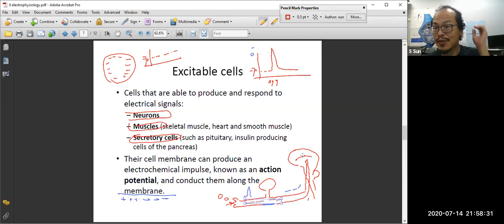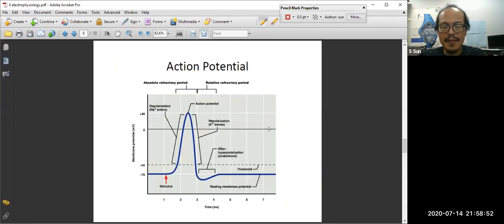So that's very important for our function, so that we can communicate with the outside world. We can receive sensory input. Sensory is the way that we really participate in life, feel the life. So that's the action potential.